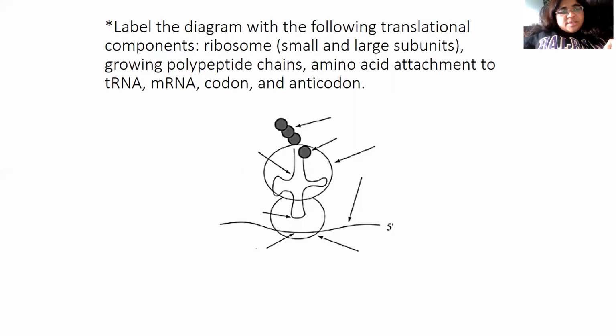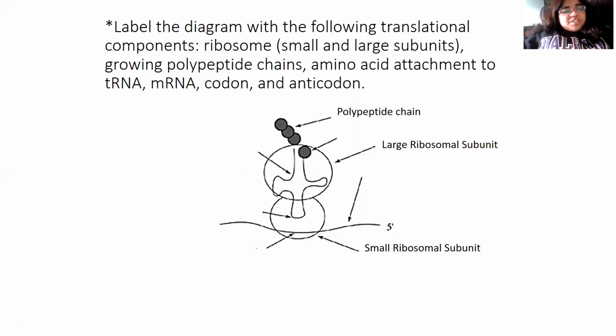So where is the ribosome? We have the small ribosomal subunit right there, and the large one there. We have the polypeptide chain up there with the little round balls, circles. Then this line here is the mRNA passing through. It's typically through the small ribosomal subunit that the mRNA goes through.